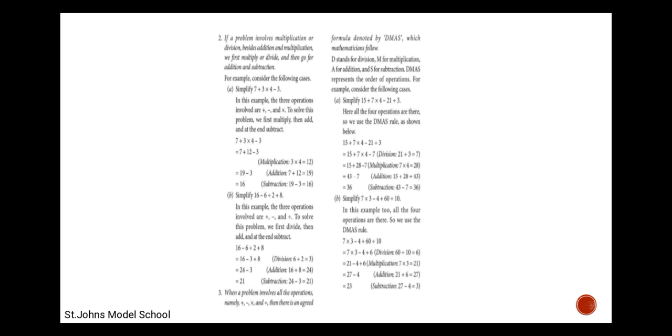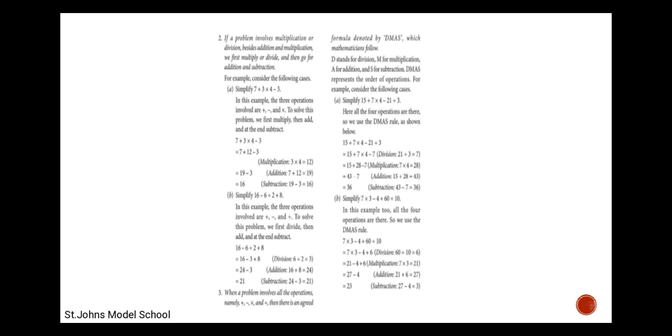Now comes addition. So here 16 plus 8 we will do first, because 3 has a minus sign in front of it. So we will not do 16 minus 3 first. We will do 16 plus 8 first. So we'll get 24 minus 3, that is 21, the final answer.